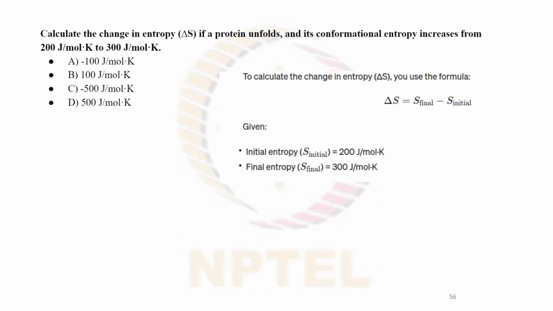This is a thermodynamics-based question. Calculate the change of entropy if a protein unfolds and its conformational entropy increases from 200 joule per mole Kelvin to 300 joule per mole Kelvin. Initially it is 200 and it has increased as the protein unfolds to 300.